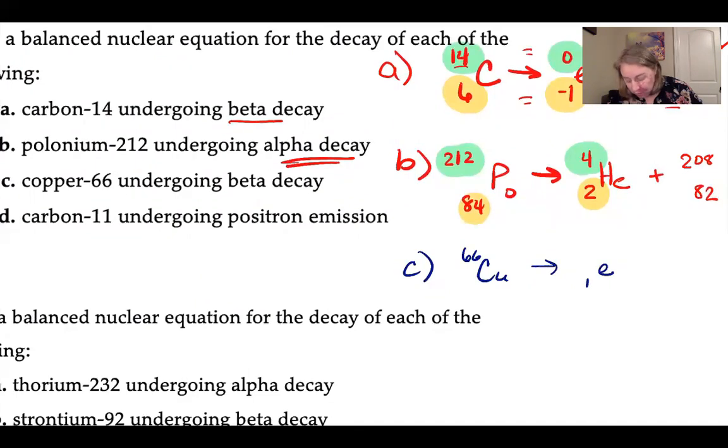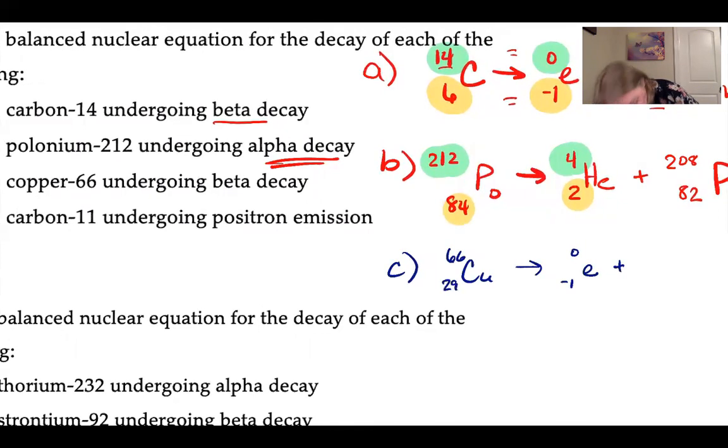We're going to lose our proton and give it a 0, right? And we need to go look on the periodic table and figure out which element. Copper has, I didn't do this one, 29, right?